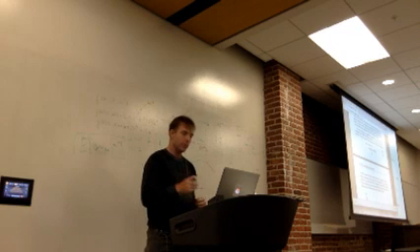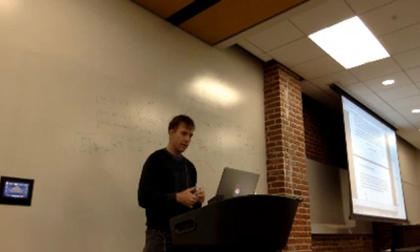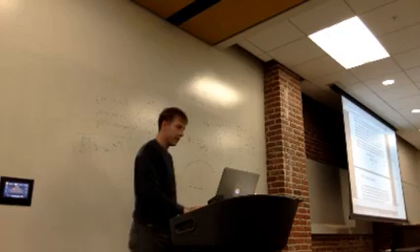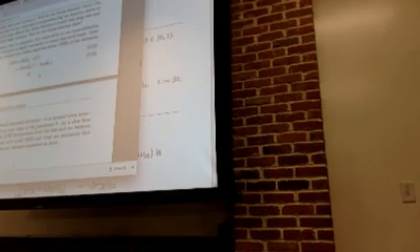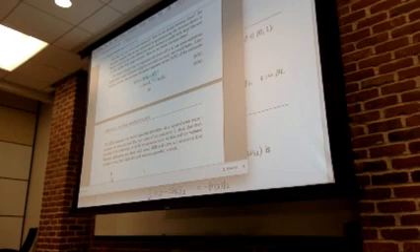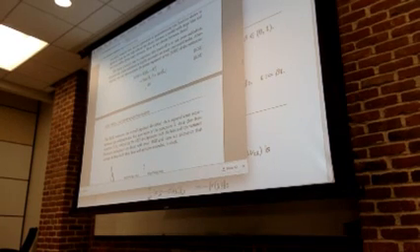So, in point estimation, you really care about this value, which is how far off you are from the true value on average. And if you expand this equation, you're going to get that it's the sum of the bias squared plus variance.